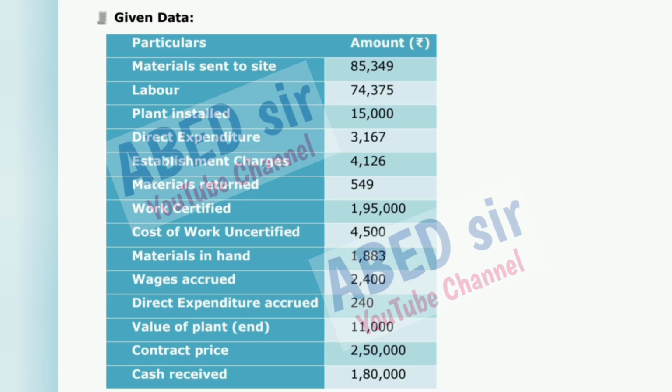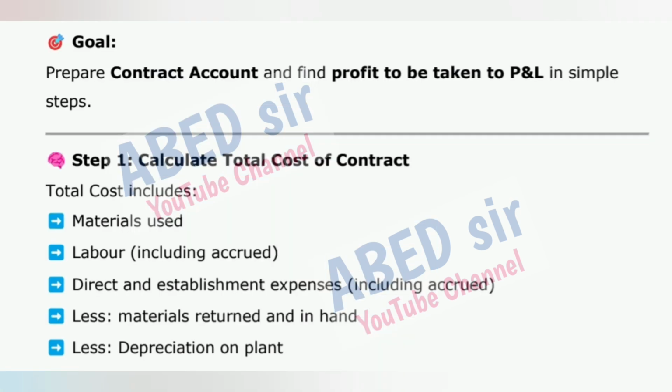Direct expenditure accrued 240. Value of plant at end 11,000. Contract price 2 lakhs 50,000. Cash received 1,80,000. Goal: prepare contract account and find profit to be taken to P&L in simple steps.